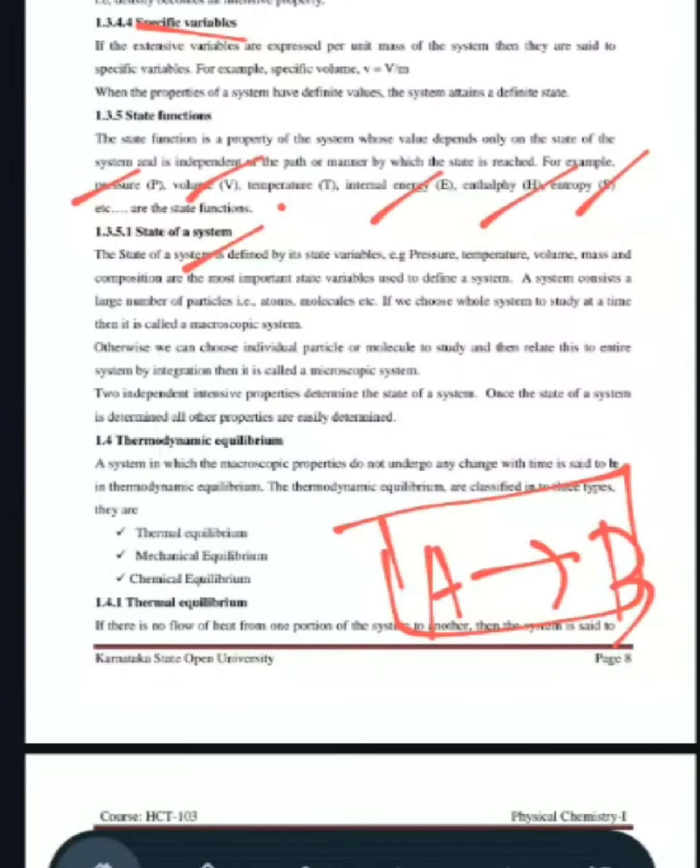Whatever variations or disorderness take place inside the system, that is denoted as entropy. And enthalpy is the measure of energy in the thermodynamic system. So whatever energy is created or destroyed inside the system, that can be denoted as enthalpy. Enthalpy is denoted by H.